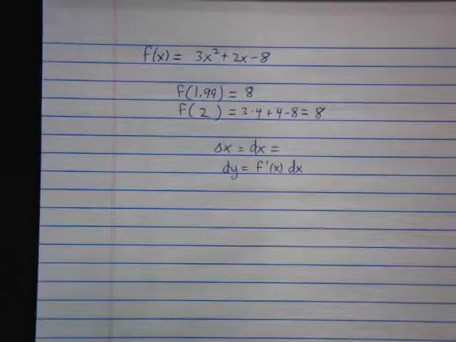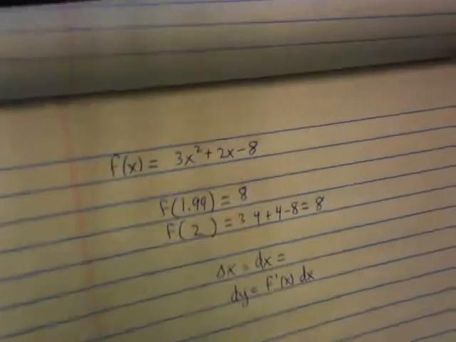In this case, what's dx? 0.01? Close. Negative 0.01. Why negative 0.01? Right, you got to remember which number is your x2 and which number is your x1.